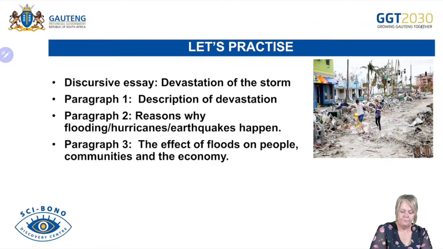Paragraph 3 could actually refer to the effects of floods on people. The effect of floods on people, let me just read correctly, communities and economy. Remember how it influences people, families, communities. But then also, how does that affect the economy?